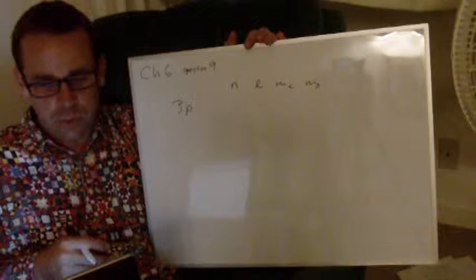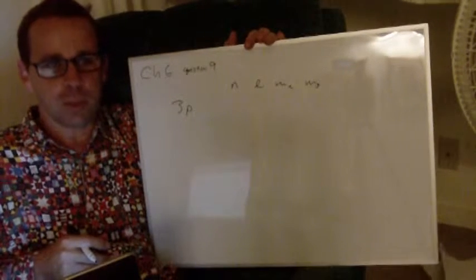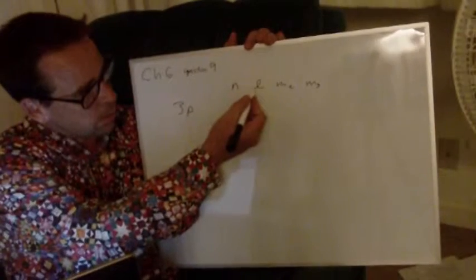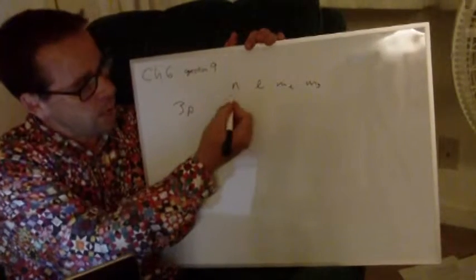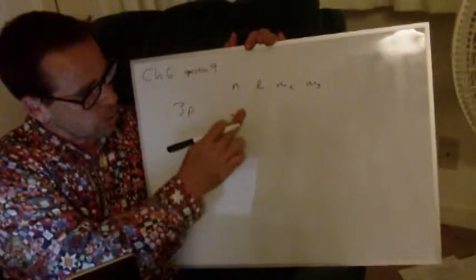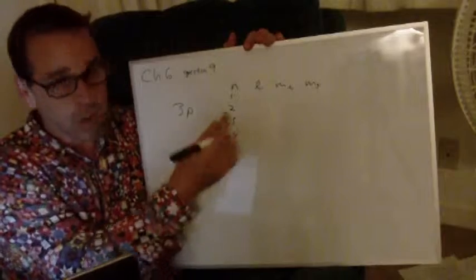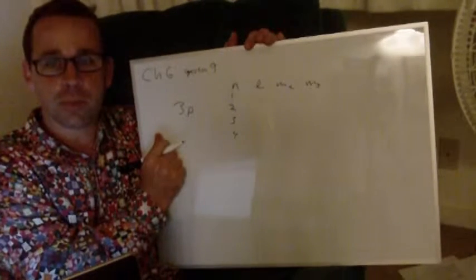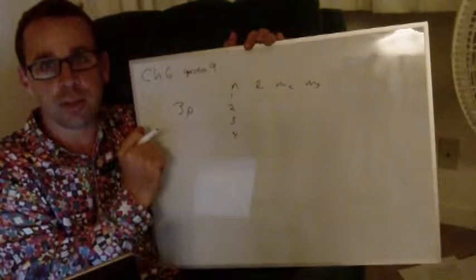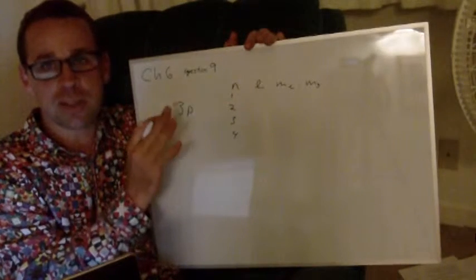3 is the first choice. So what will the l value be? n can equal 1, 2, 3, 4, 5, etc., theoretically up to infinity, but it's usually about 7.